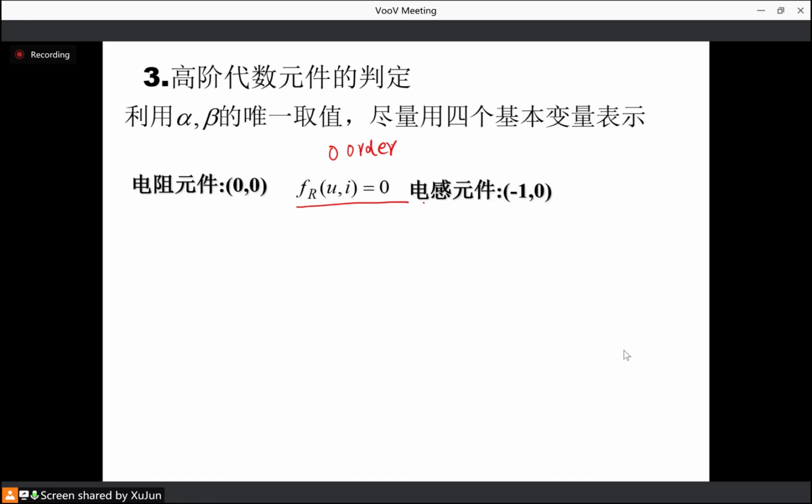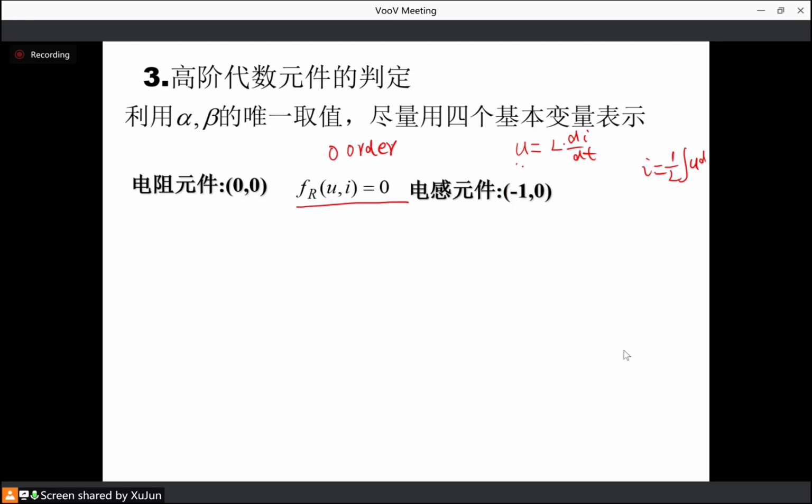For the inductor, U equal to L di/dt, or I equal to 1 over L times the integration of U. So the minus 1 means integration. The 1 means differential.